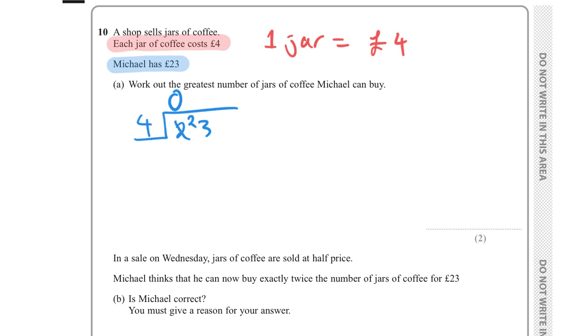Well, that's 5, and then it would be remainder 3. We can't have point something of a jar anyway, so we can only get a maximum of 5 jars of coffee. Because that 6th jar will be £24. We don't have £24, we have £23, so we can only go 5.